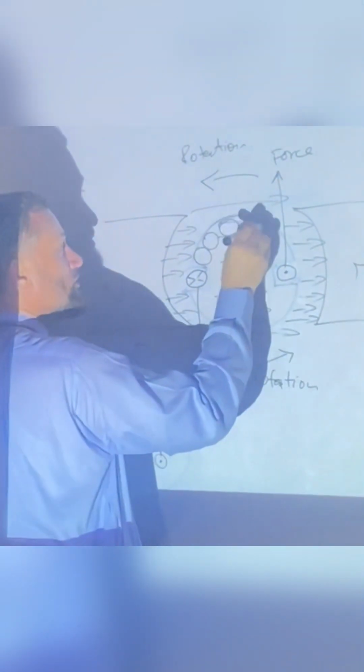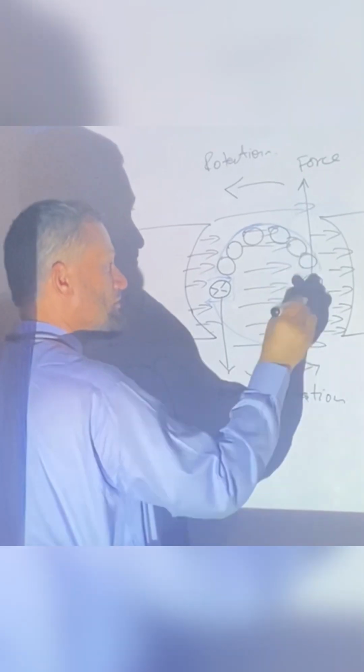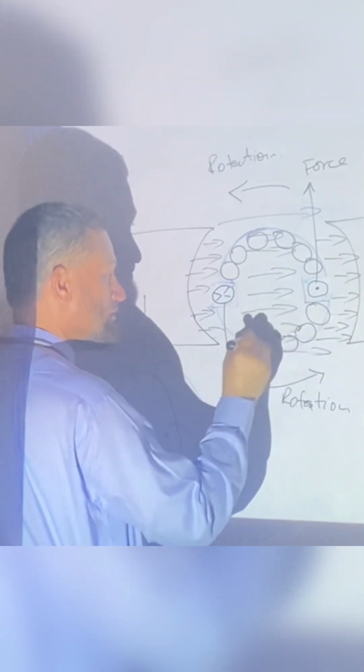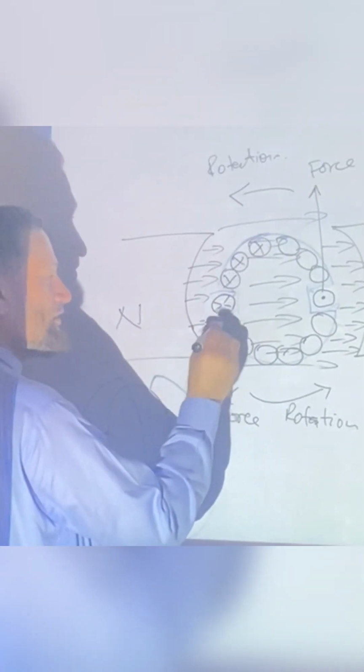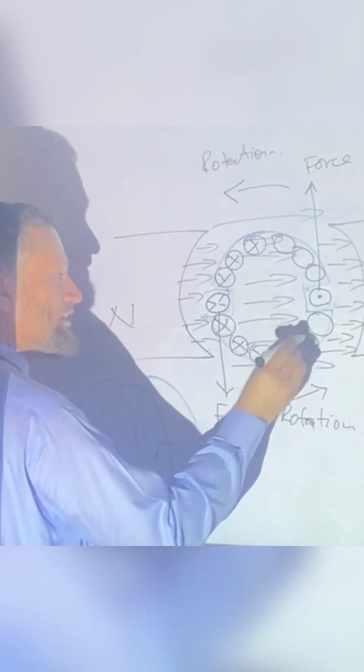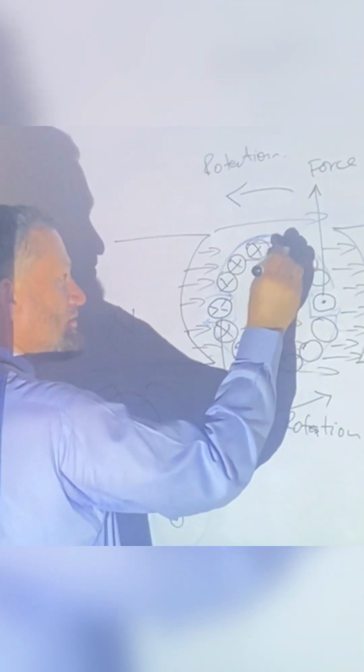So what will happen over here when you lay the conductors around this rotor? For example, these are our crosses, and these are our dots.